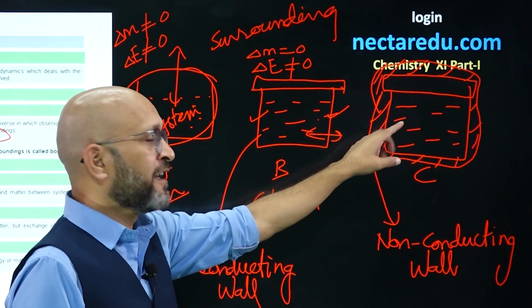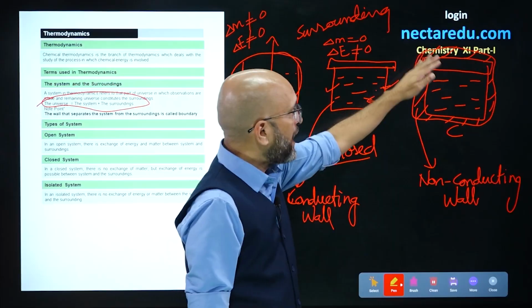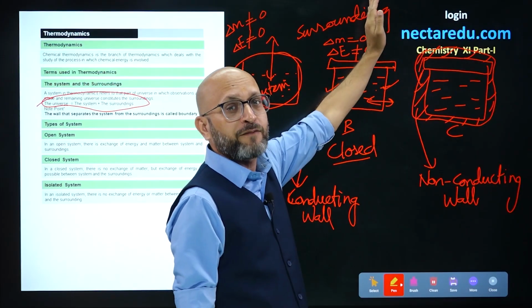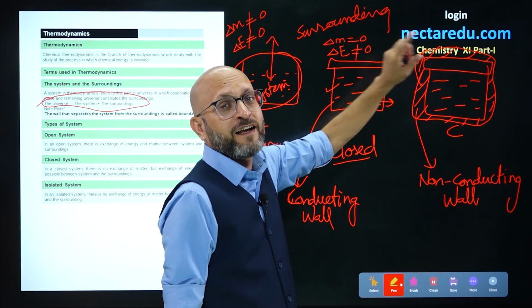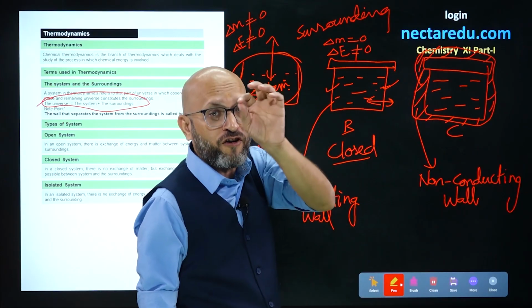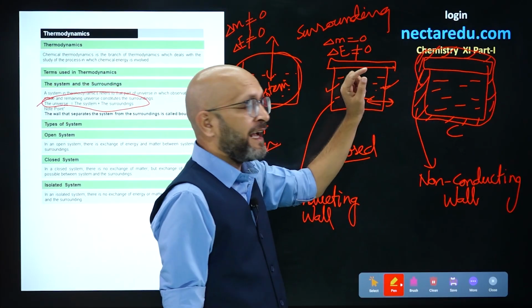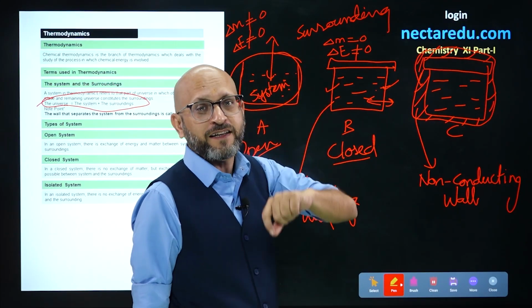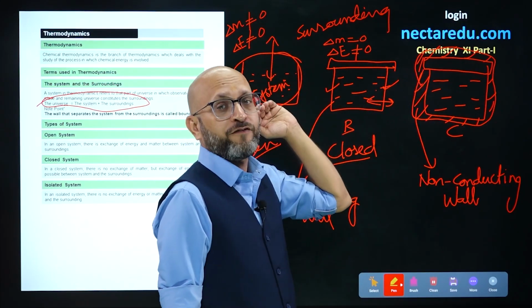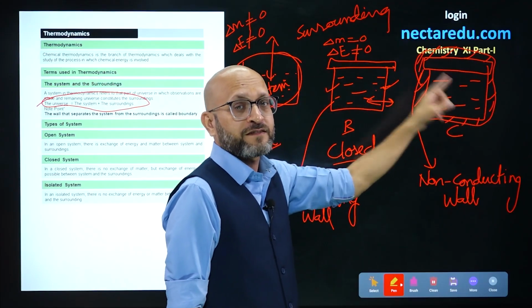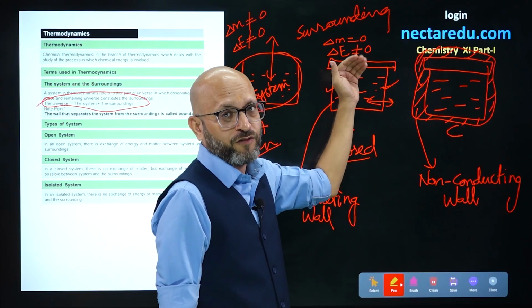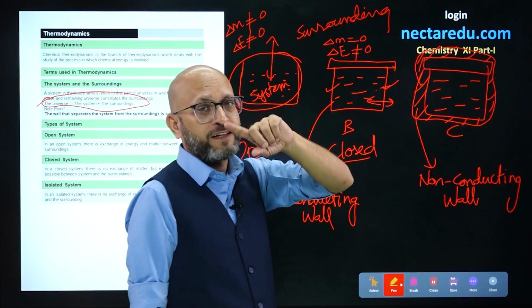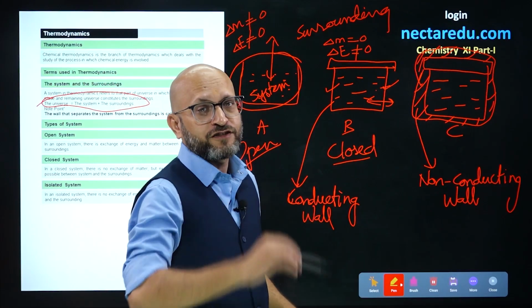So in this case, mass cannot go outside and mass from outside cannot go inside, so there is no exchange of mass. As I have put a non-conducting material, exchange of heat will not happen from outside to inside or from inside to outside. So there is no exchange of energy and no exchange of mass.